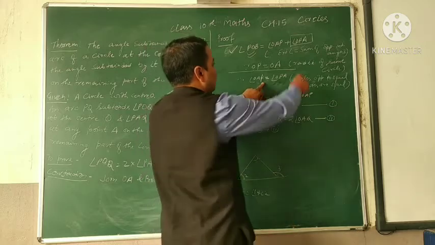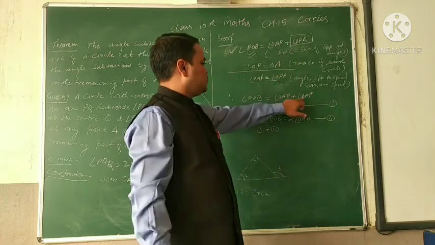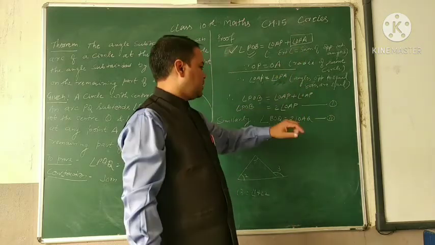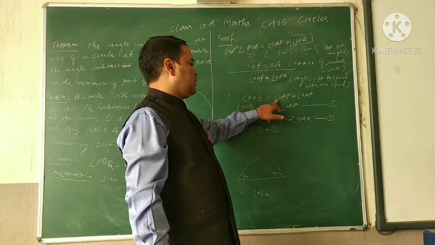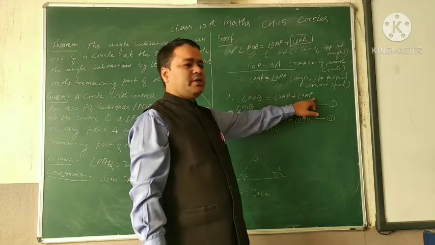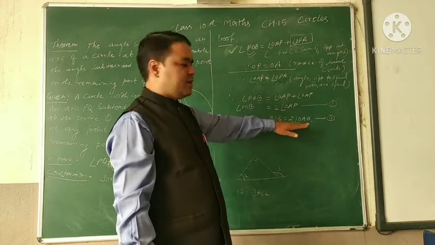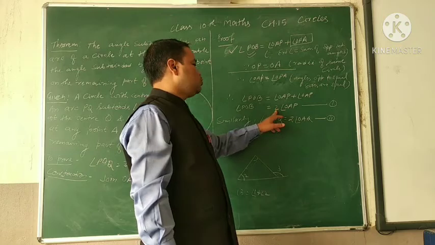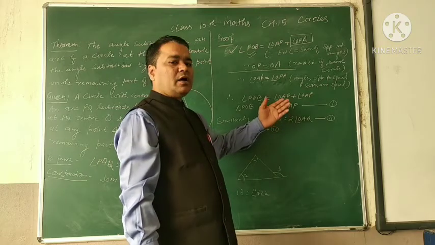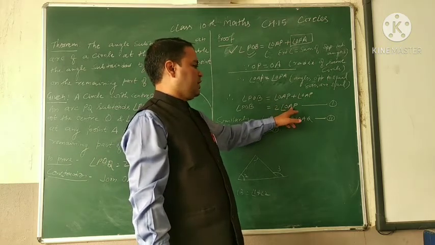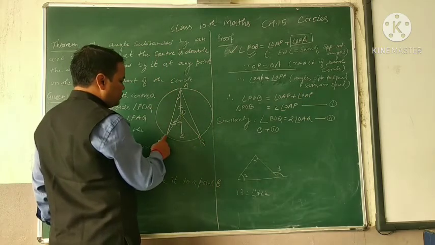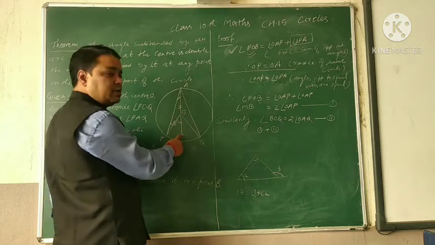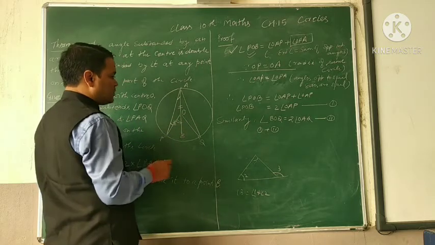So in place of OPA, we can write OAP. In this way, angle POB is equal to angle OAP plus OAP. So this right hand side can be written as 2 times angle OAP. Get it? It means angle POB is equal to 2 times angle OAP.